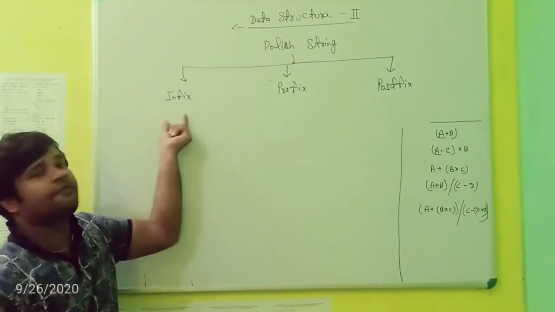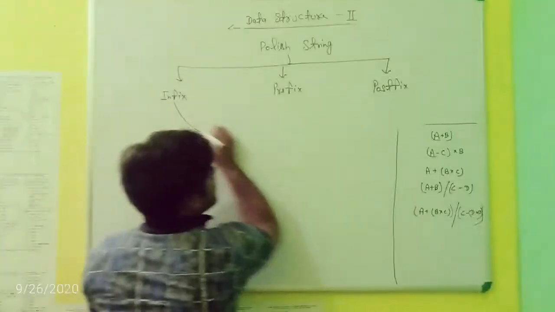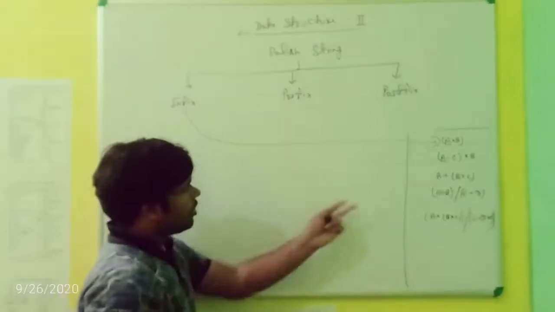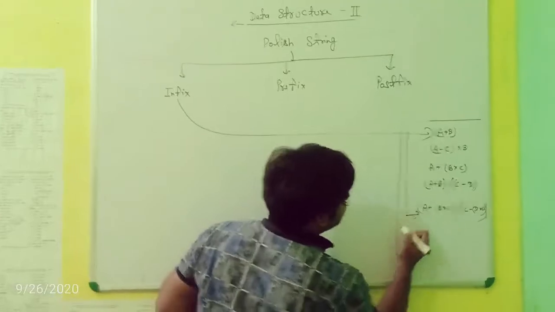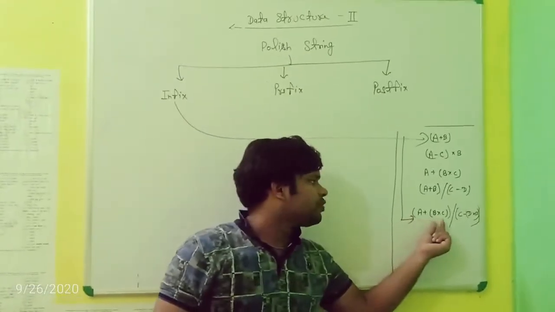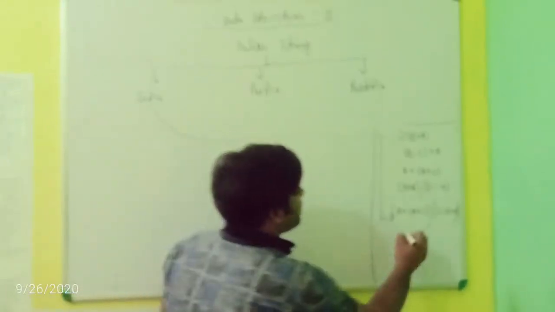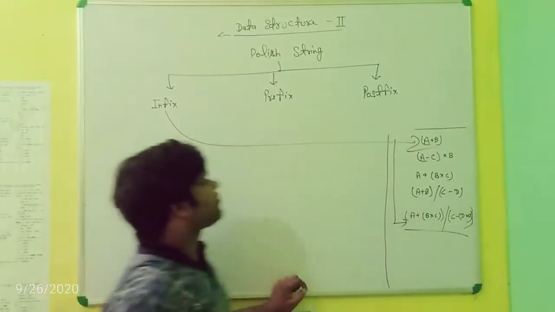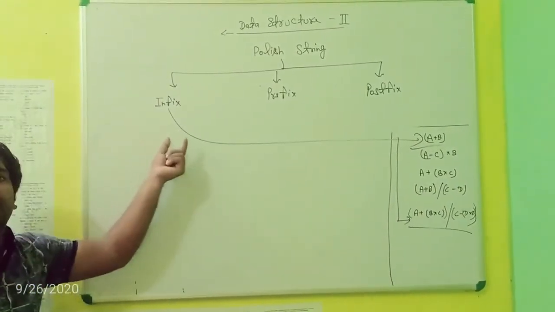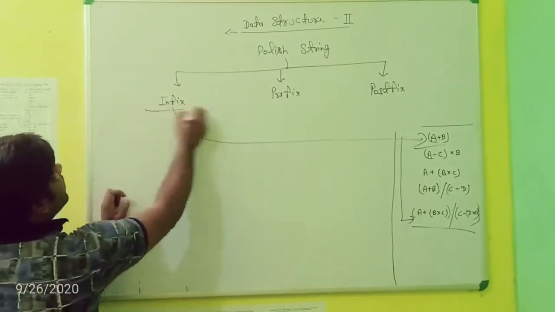What is infix? If I write a mathematical expression like this, a plus b, or a complex mathematical expression like this, a plus b into c divided by c minus d into b, then this type of simple or complex mathematical expression will be known as infix.